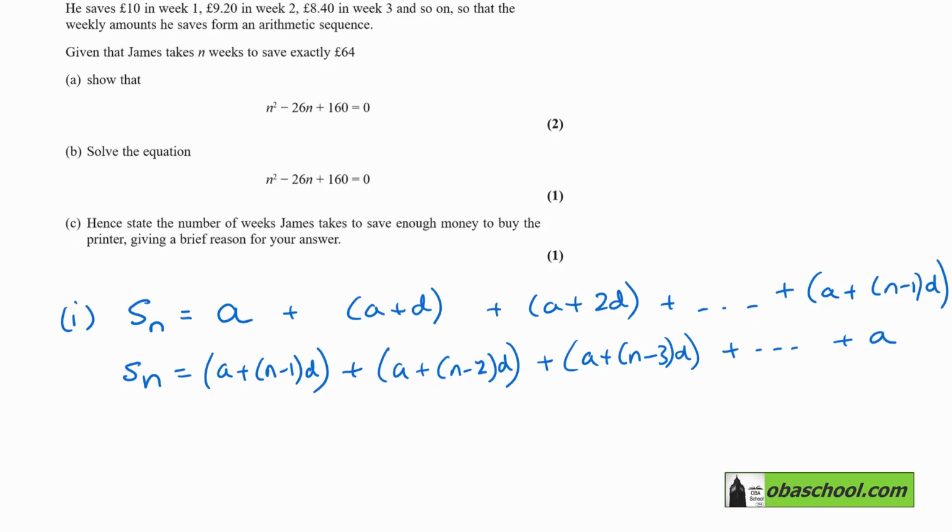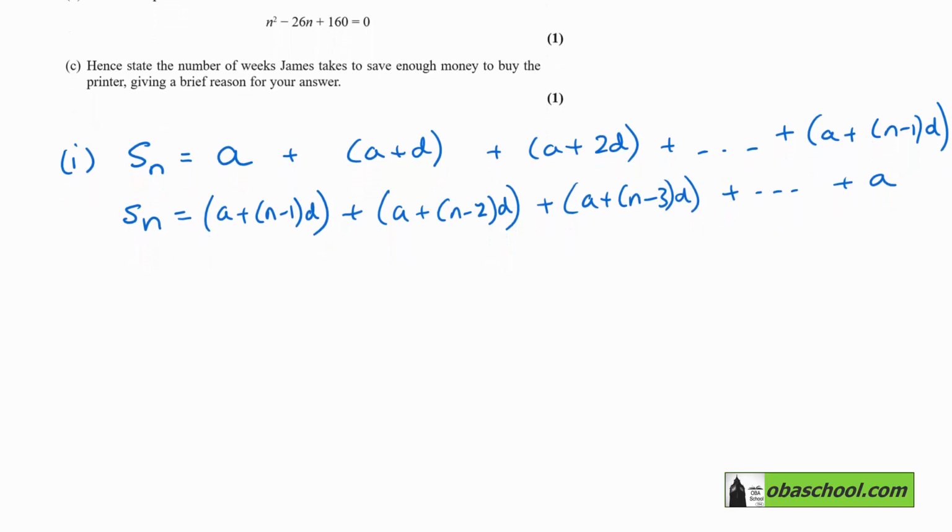Now, if we just add the two lines here, Sn plus Sn is 2Sn. Consider now adding a and a plus (n minus 1)d. That's going to be 2a plus (n minus 1)d.